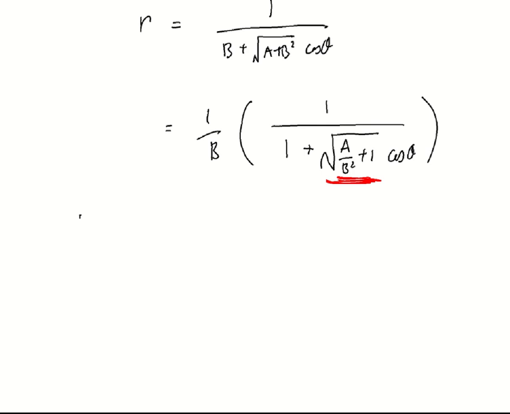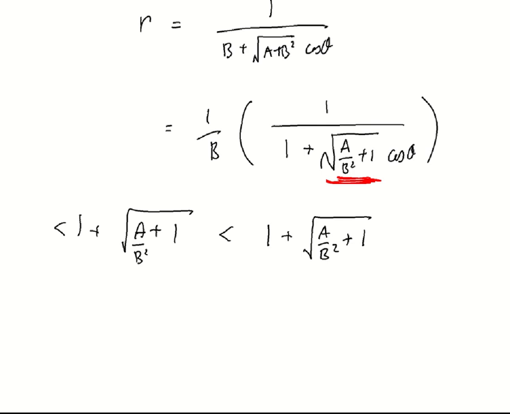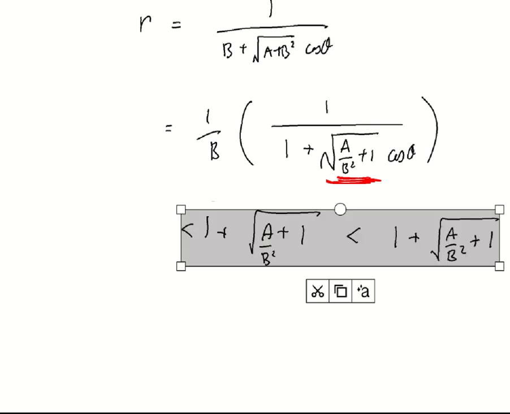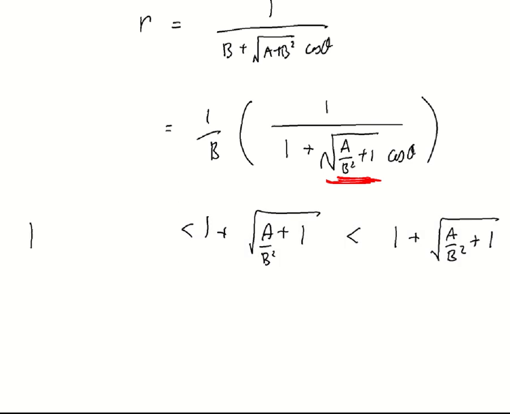We know that 1 plus root of a over b squared plus 1 is going to be less than 1 plus root a, because cos theta has a maximum of 1, but it's also bigger than 1 minus this root of a.